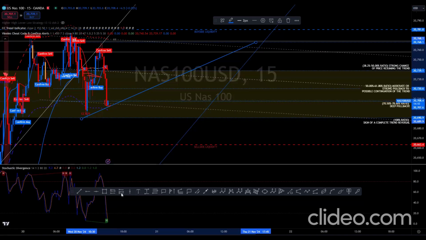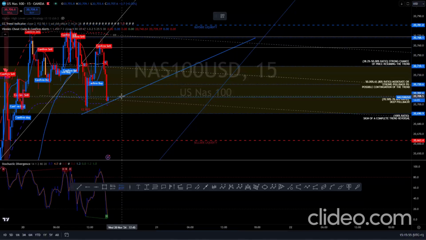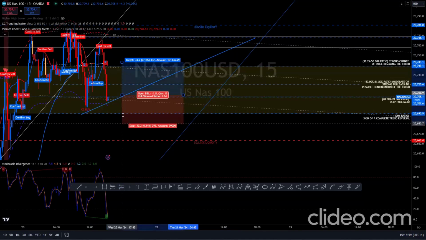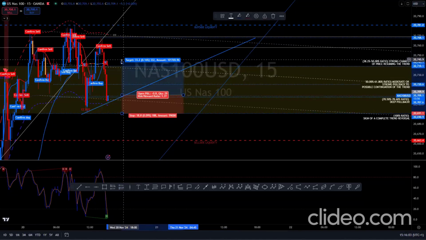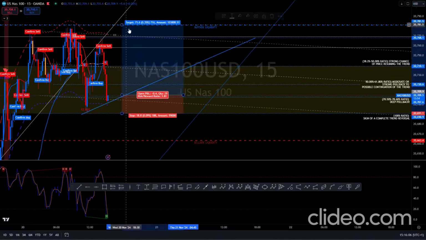So I may be looking for a buy position right around here, with the stop loss up to here. May look to get all this liquidity up to here.